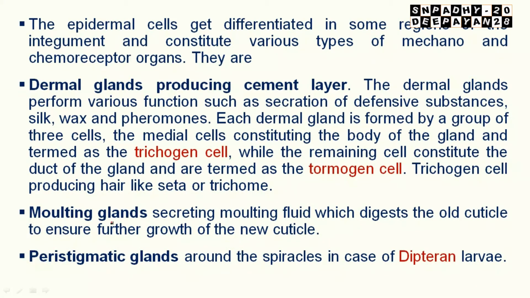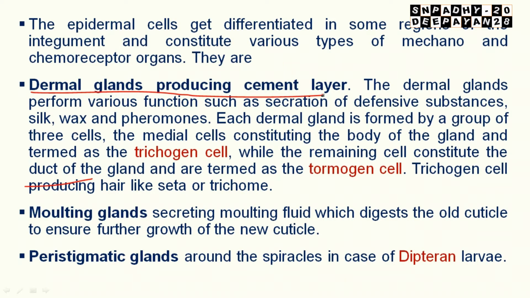So what to remember here? First, dermal glands produce the cement layer. Second point, dermal glands produce trichome or setae, which is formed by 3 cells. The body-forming cell or the setae-forming cell is known as the trichogen cell, and the socket-forming cell is known as the tormogen cell. Second one is the molting gland.